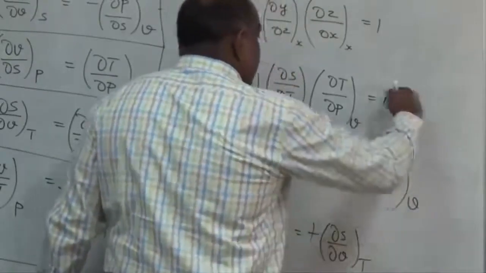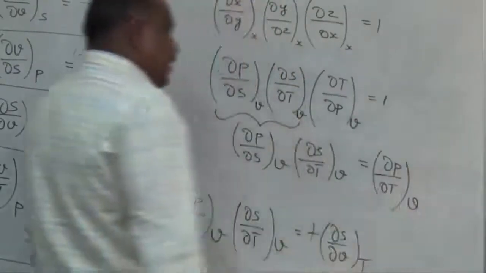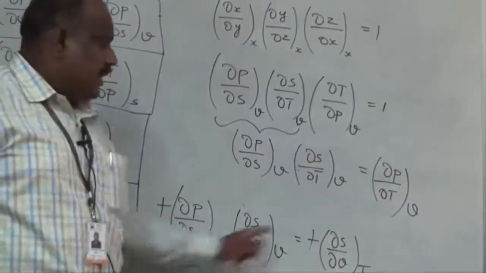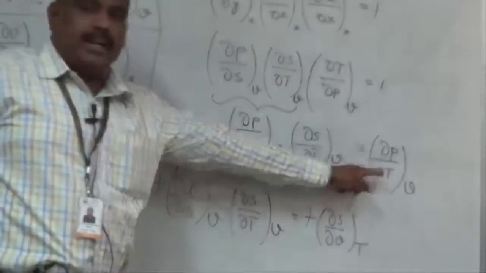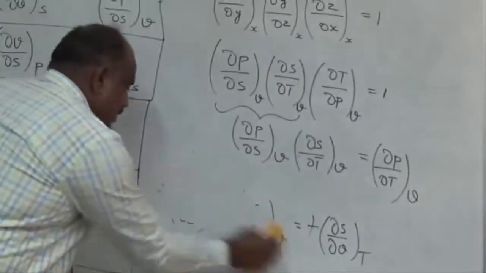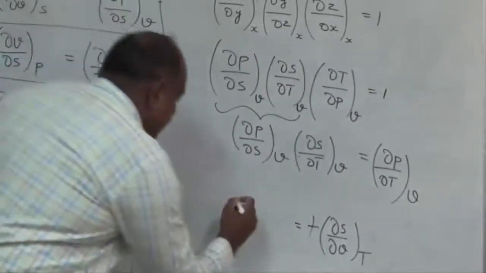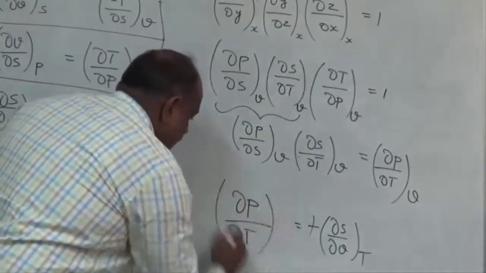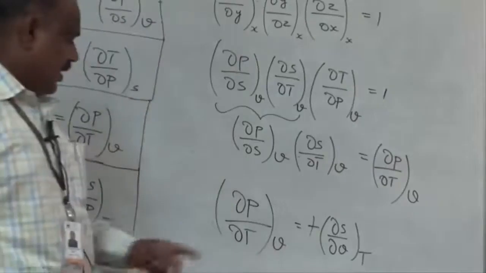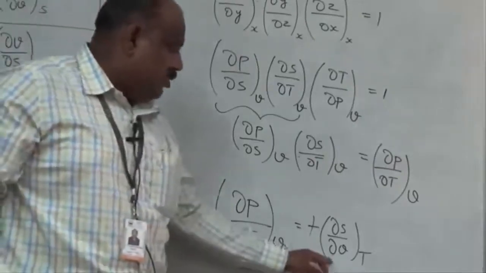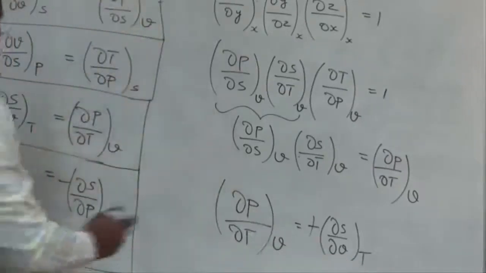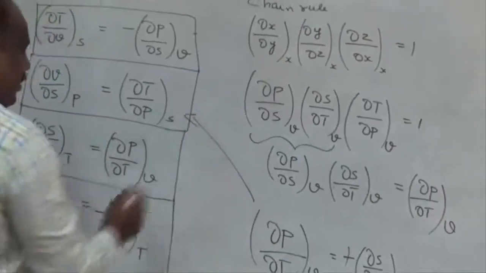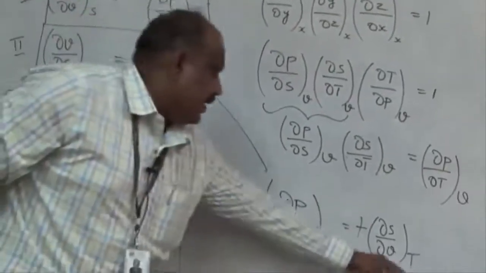So ∂T will come here, whereas the volume will remain the same. So the left hand side of this equation can be replaced by ∂P/∂T at a constant volume. So it is nothing but ∂P/∂T at constant volume. As I told you earlier, ∂T at P means it should be ∂V at T. So we can see whether this is there or not. Yes, we can see here ∂S/∂V at T.